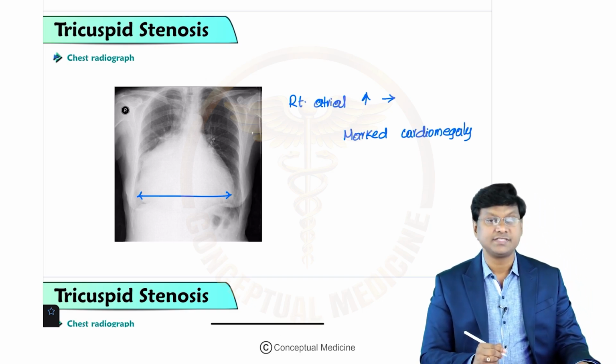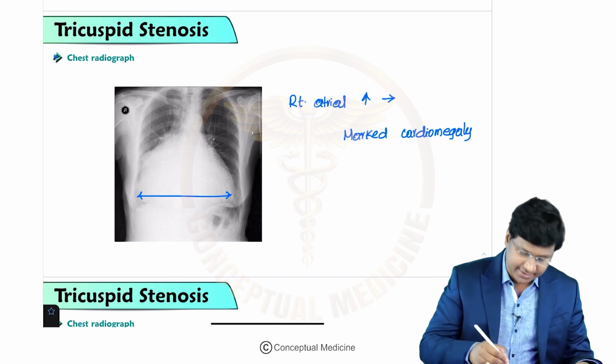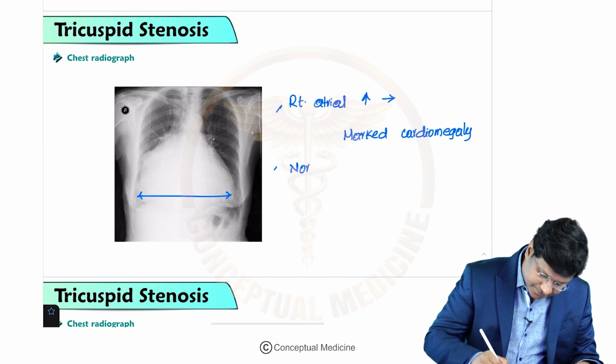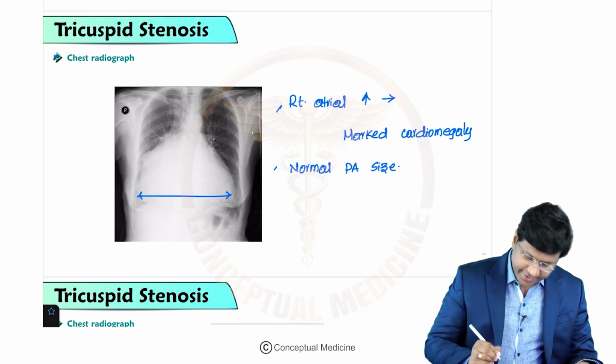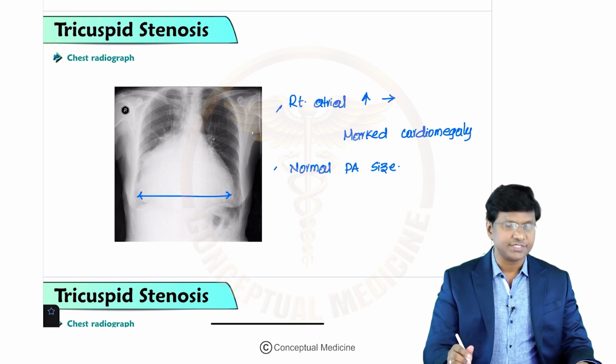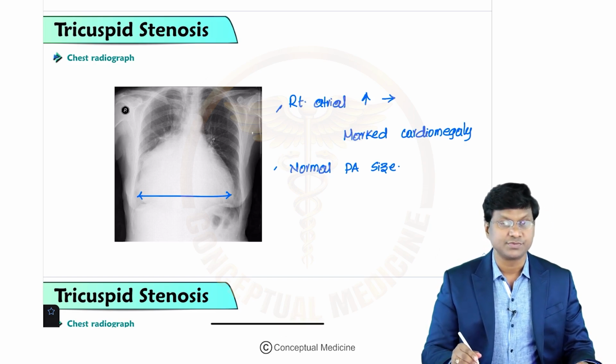And what will happen to the pulmonary artery size? There will be normal pulmonary artery size. So that will be the chest radiograph in patients with tricuspid stenosis.